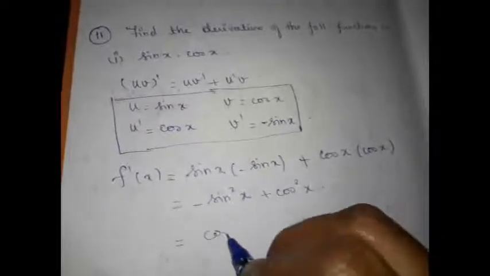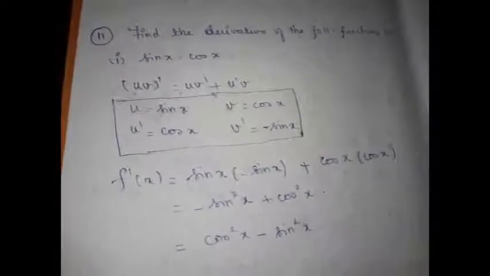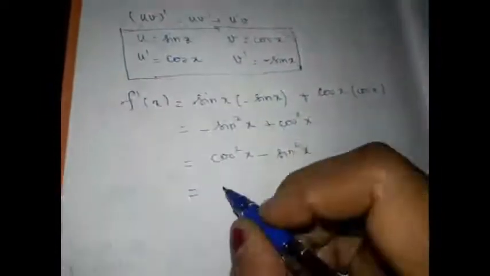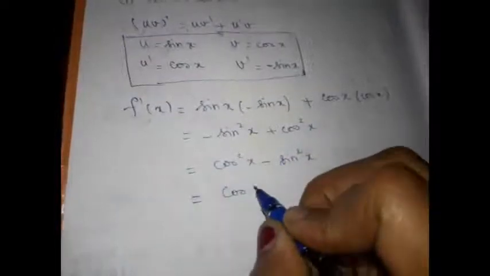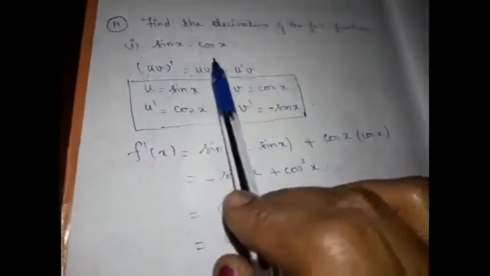So which is cos square x minus sin square x. So what is cos square x minus sin square x? Which is nothing but cos 2x. So the answer is cos 2x, right? Hope you understood. When you have a product of two functions, go with the product rule, choose which is u, which is v and perform your derivative.